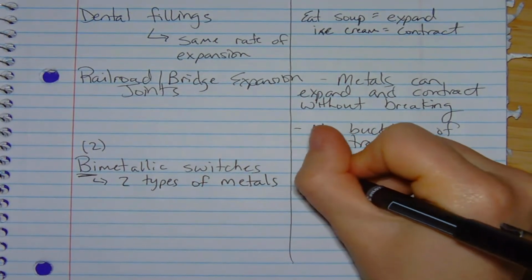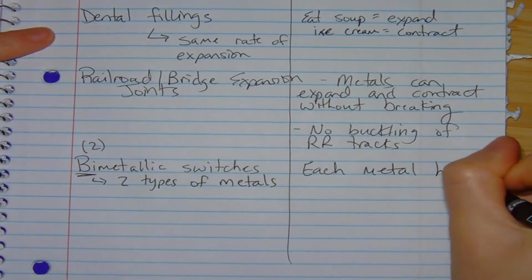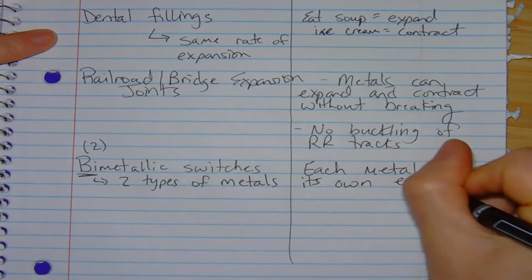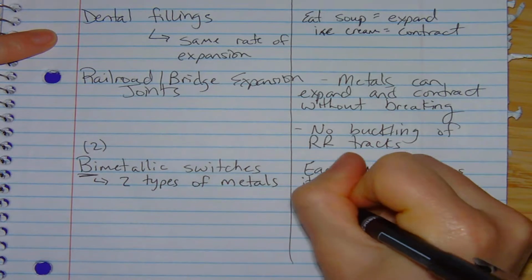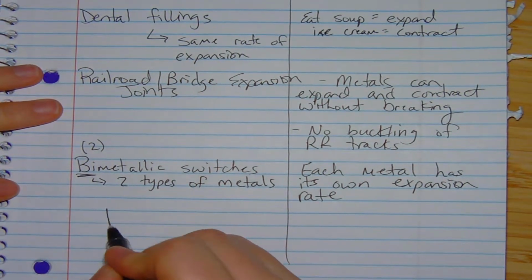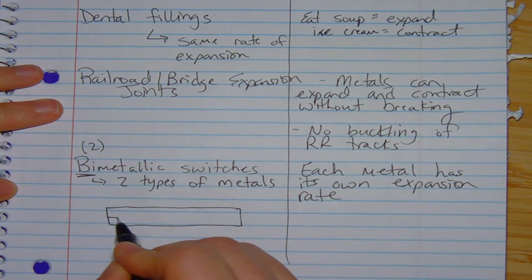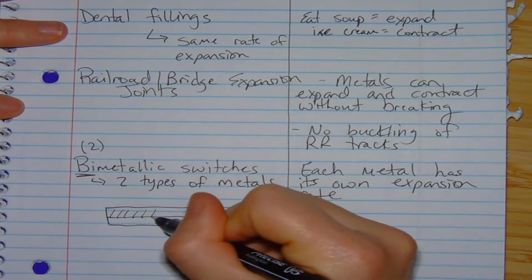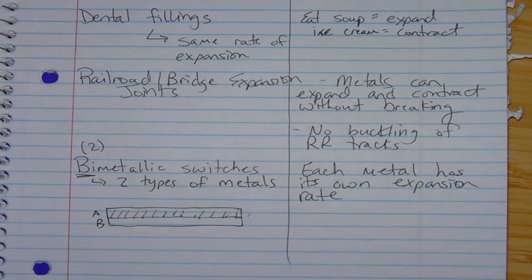And what's unique is each metal has its own expansion rate. Now, I would encourage you to go into Google on your Chromebook and type in bimetallic switch, because it's going to be way better than the one I'm drawing here. But let's say that that's material A and that's material B.